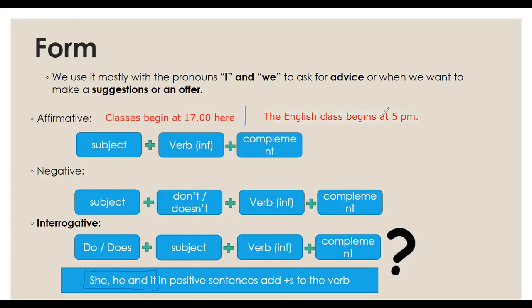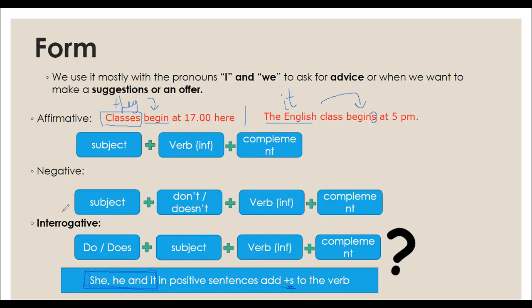This is because we are using it, and in positive sentences the verb takes an S. So be careful with that. That is very important. Obviously here we don't add it because the classes is plural, this is they, and plural doesn't take anything on the verb. But this is it, one class, singular. That's why the verb changes.